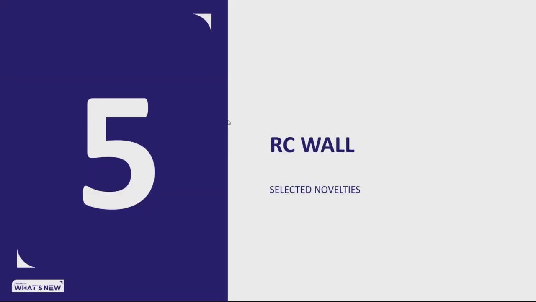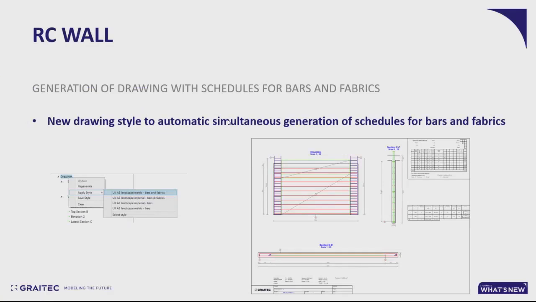Okay, now let's talk about the RC wall modules. So let's move on. We have added some new drawing styles for the generation of schedules for bars and fabrics. When generating drawings for walls, a bar schedule is generated, as you know, by default.